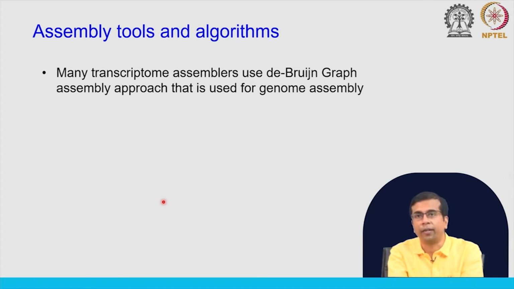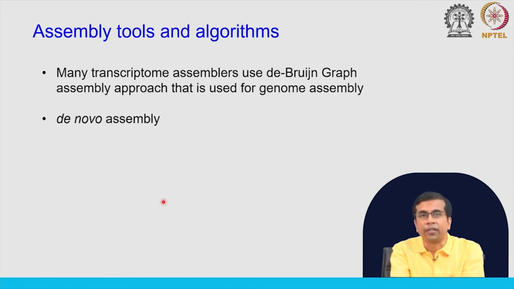There are different approaches for genome assembly, but the predominant one that we use today is the De Bruijn graph assembly approach. We will talk about these approaches, their advantages, their limitations, etc. when we talk about the genome assembly process. It will be enough to know that they use this De Bruijn graph approach, which is a very efficient approach that works very well for genome assembly.